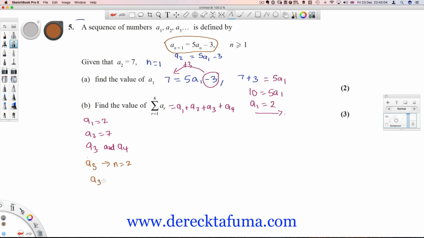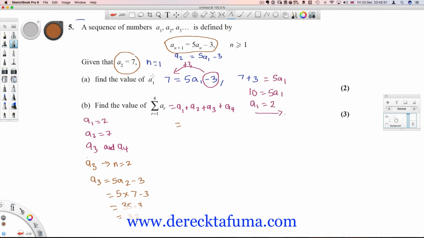So a3 is 5 a2, since n is 2, take away 3. We know what a2 is because we're given here, so a2 is 7, so it's 5 times 7, take away 3, which is 35, take away 3, which is 32, so a3 is 32.